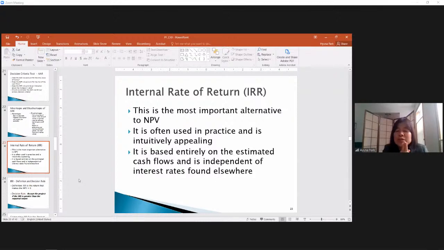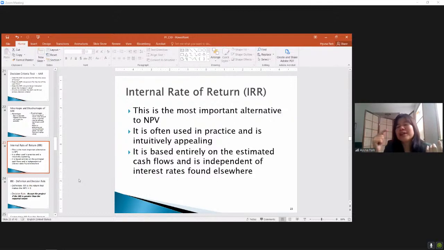This is the most important alternative to the net present value rule, and it's very widely utilized in the real world because it's very intuitive. Another important reason is that NPV requires two very important inputs, cash flows and the discount rate, the required return.